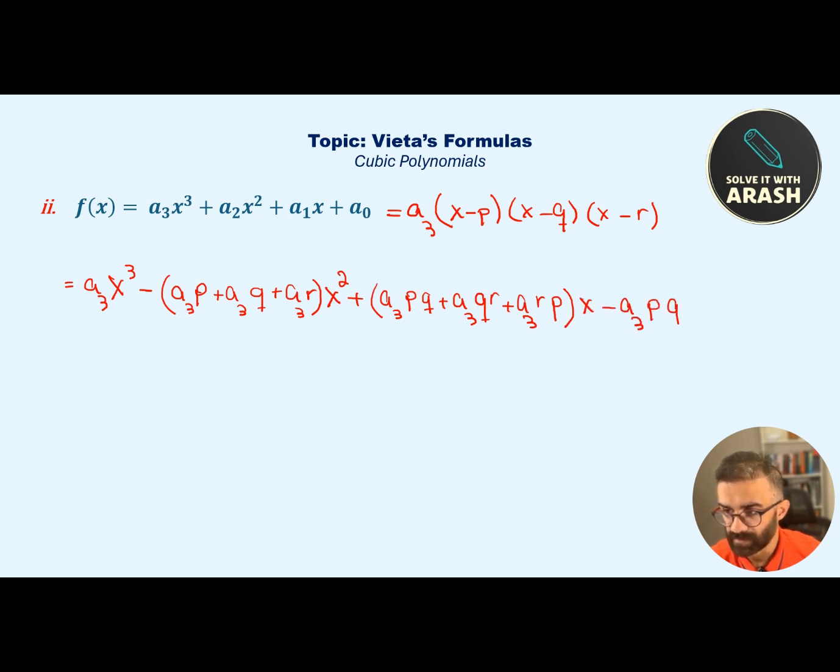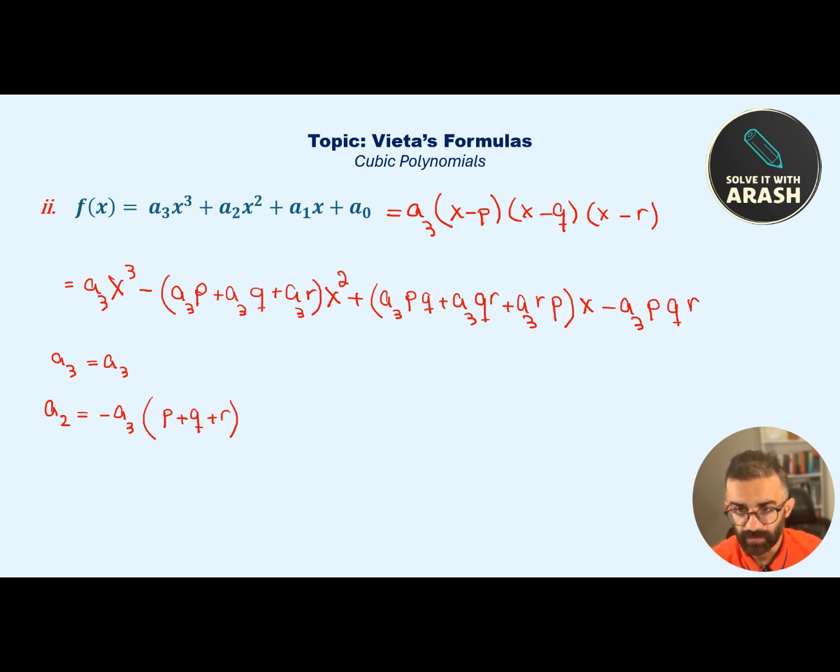minus a3 times pqr. Now, since the two equations, the original one and the expanded form, are identical, their corresponding coefficients must be equal. On the left side, the first one is a3, on the right side is also a3. For the quadratic coefficient, we have a2 on the left, on the right we have negative a3 times (p plus q plus r).